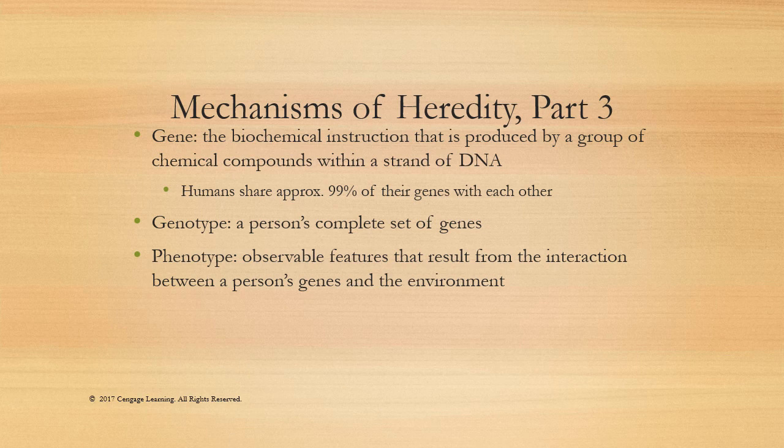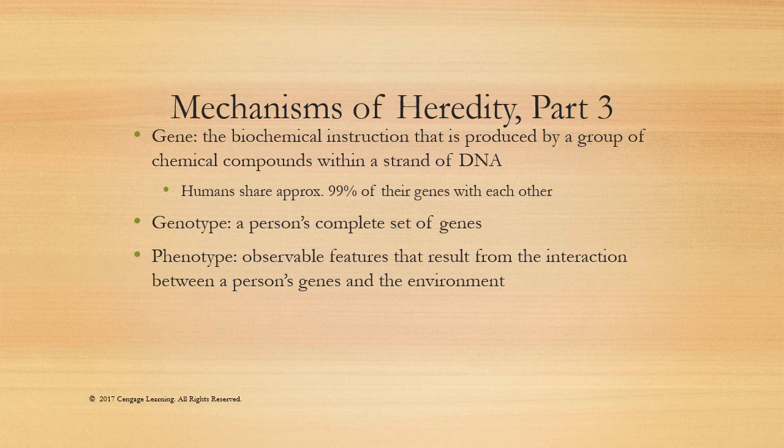Humans share approximately 99% of their genes with each other. We have 99% of the same genes, just the way they're put together is different. That's why we all look different. Our recipes are put together differently, but we have all the same ingredients. So we look a little bit different, but we can all tell that we're humans.